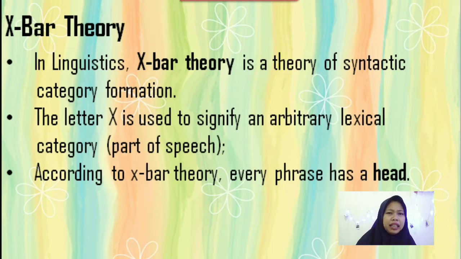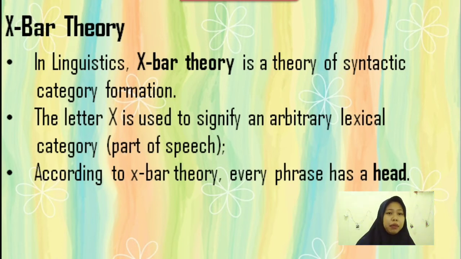And the letter X is used to signify an arbitrary lexical category or part of speech. When analyzing a specific utterance, specific category are assigned. Thus, the X may become a noun or a verb or adjective or preposition.